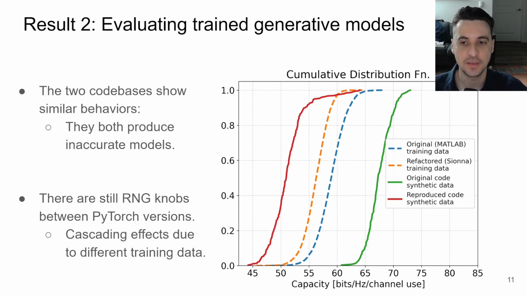So those are the green and red solid curves, respectively. Both code bases are inaccurate because neither of them matches their dashed counterpart, right? So if the original code base produced a very accurate generative model, the green curve should have been very close to the dashed blue curve. That doesn't happen. Same for the other pair of curves, okay?